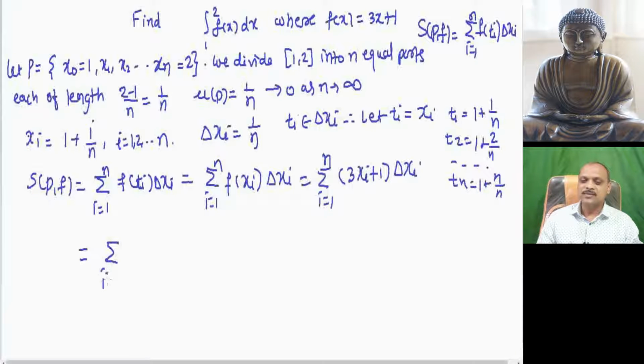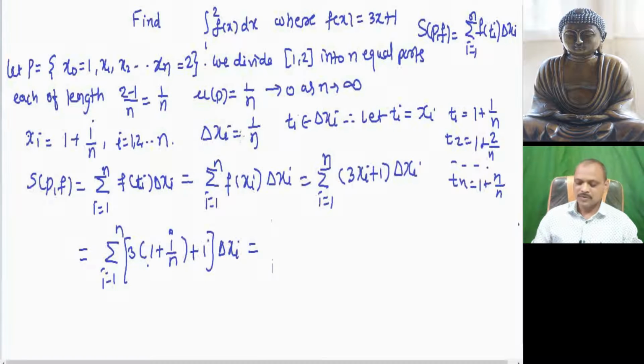This is equal to summation i varies from 1 to n, 3 into, but what is xi again? xi is 1 plus i divided by n, plus 1, into delta xi.